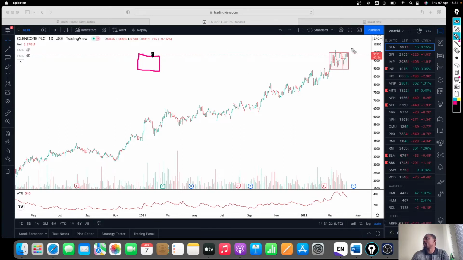Once Glencore is above 101 rand, my long position is going to be triggered. But like I said, it's not guaranteed that it's going to continue to move up. Then I can have my stop loss somewhere around 95 or 96 rand, in anticipation that the share price is going to go up. So that is one example where I will use a breakout order.